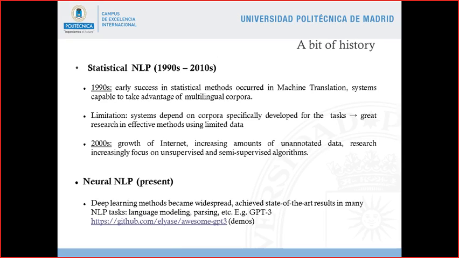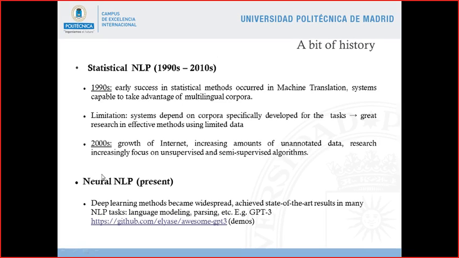Once they have this data labeled by themselves, they include it in the corpus, in the data set, and use this new corpus to retrain themselves and create a better model. And then we have a new model, and we use other parts of the unannotated data, and so on.